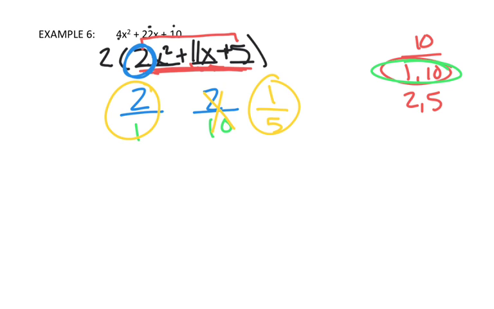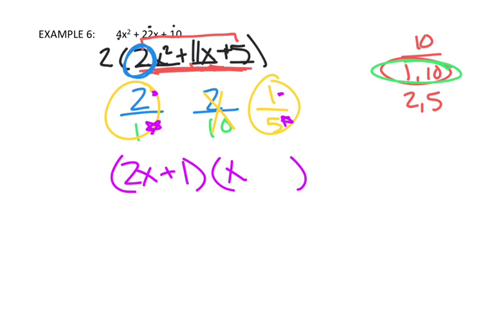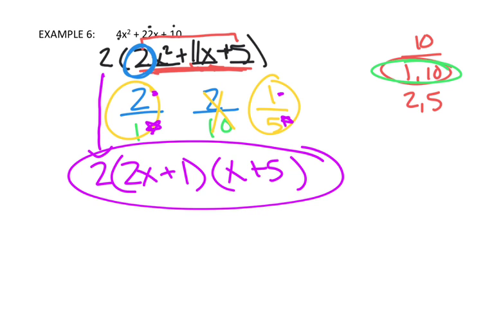So now, when we go to fill in our set of parentheses to write our final answer, we're going to have our numerators 2. So 2 with our variable x. Our denominator is 1, so plus 1. Second set, our numerator is 1, so 1x. Our denominator is 5, so plus 5. Greatest common factor again, so that carries down in front. That's our final answer.